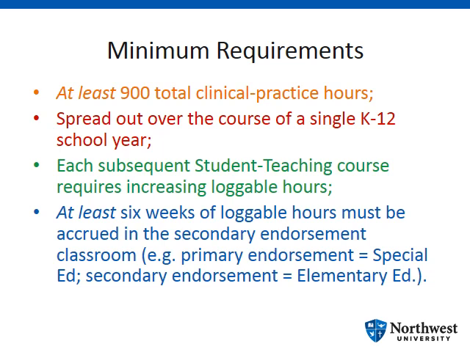But you also have a second endorsement if you're doing special ed or ELL. And you have to get at least 6 weeks of your hours from that other endorsement for both endorsements to count. And because of the nature of special ed and ELL, those have to piggyback onto another endorsement. So we have to get both. And that's up to you and your field supervisor to make sure that you are dividing your hours appropriately between those two endorsements.